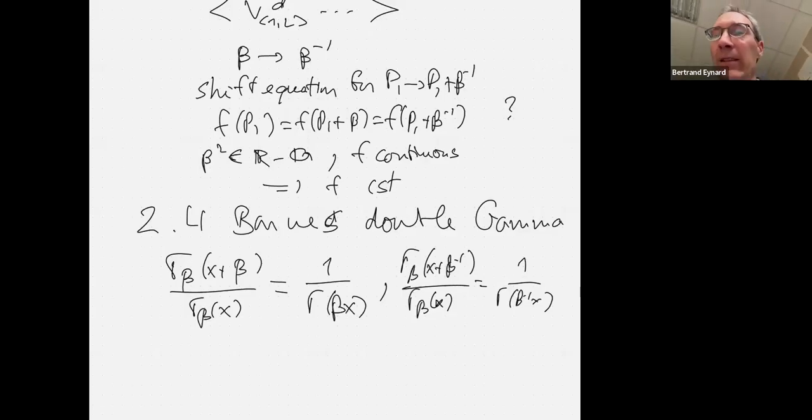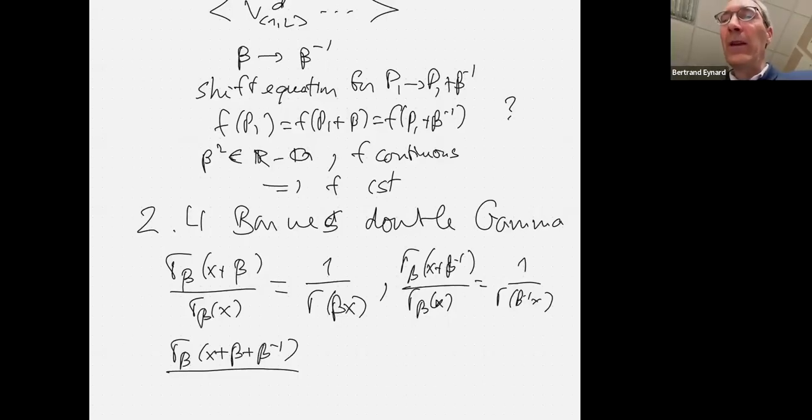Well, in fact, these properties are pretty much incompatible because using these shift equations, I would have two ways to compute gamma beta of x plus beta inverse over gamma beta of x. Either I do first the shift by beta and then by beta inverse, or I do first the shift by beta inverse and then by beta.